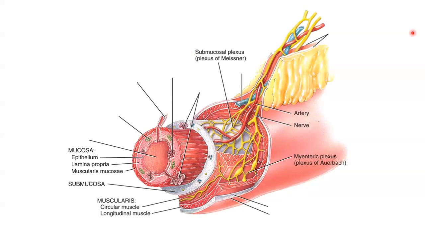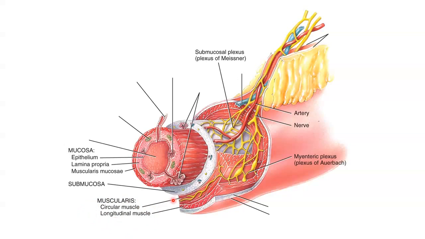So once again, taking a look at this image, we had our mucosa, which is our inner layer, then our submucosa, and then our muscularis. Here we're showing those two sheets of smooth muscle that are in most of the gastrointestinal tract from the lower esophagus down.